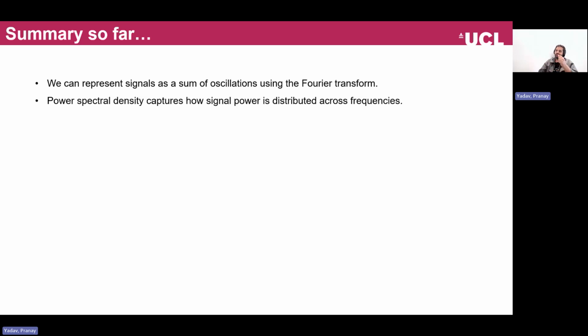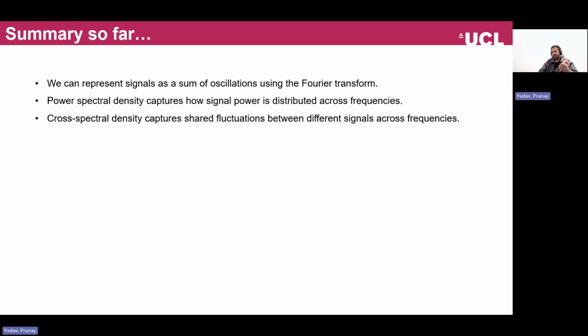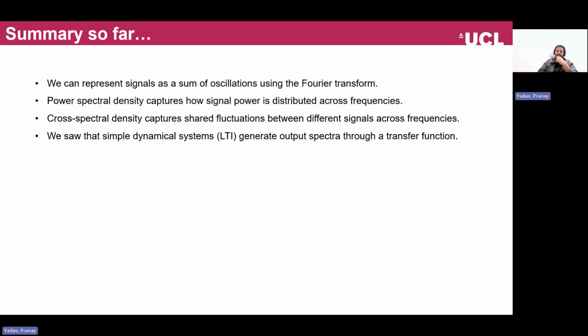The PSD captures how signal power is distributed across frequencies for a signal. Cross-spectral density takes two signals and describes the shared fluctuations between these two signals across frequencies. We also saw that a simple dynamical system can generate output spectra through a transfer function, which depends only on the parameters and not the states.